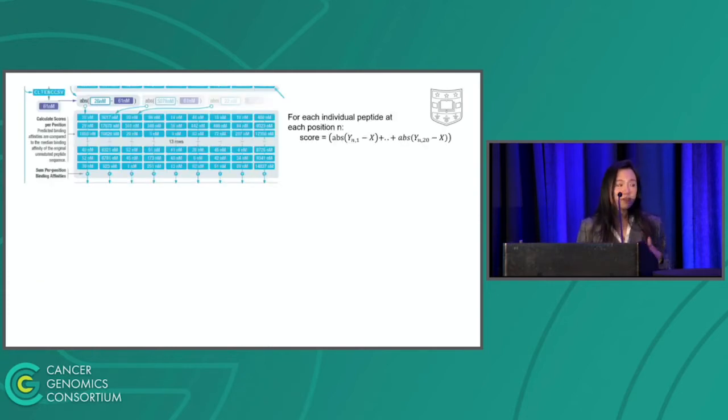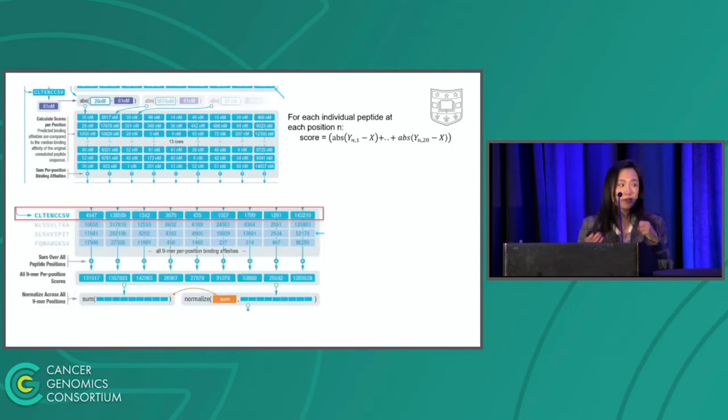For each individual peptide, we take that reference binding affinity of the original peptide, and we take the absolute difference of that with our newly mutated peptide's predicted binding affinity. We sum that up across all amino acids at each position, and you come up with a length-9 list for each peptide, with each score showing the anchor score for that peptide for that specific position.